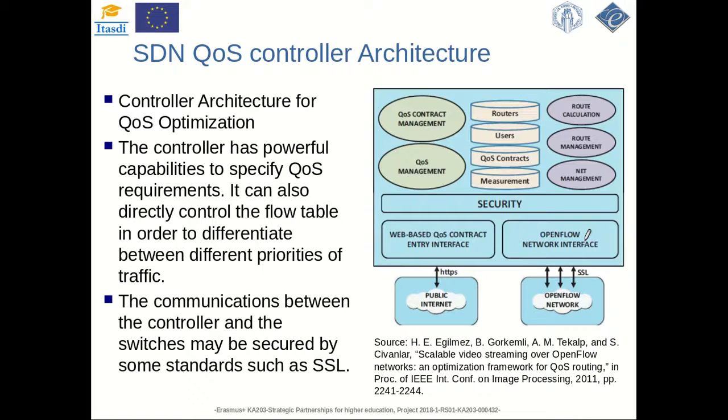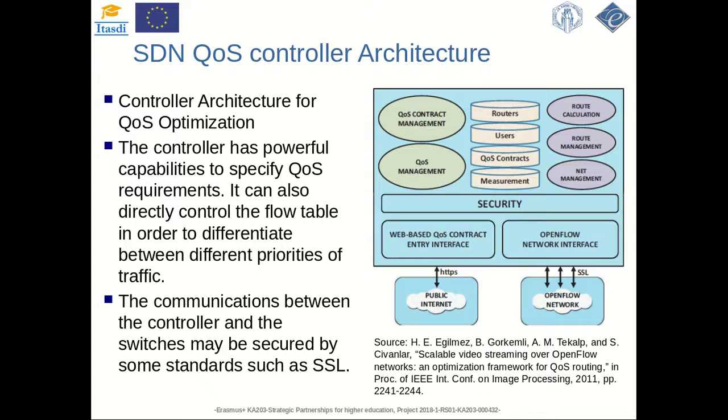The control architecture for QoS optimization is given here, where the controller has powerful capabilities to specify QoS requirements, the desirable QoS parameters which should be achieved in order to have satisfying end-to-end QoS provisioning, and of course, at the end of the day, satisfied users.